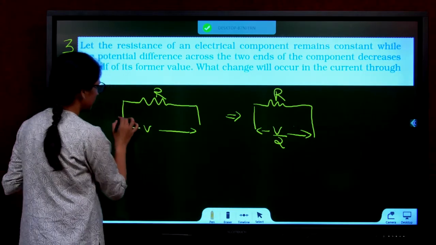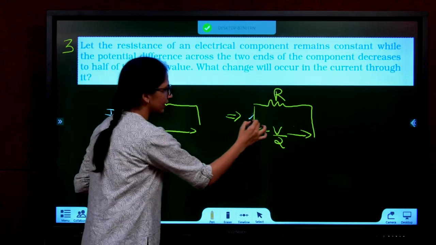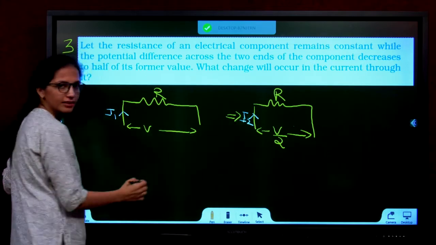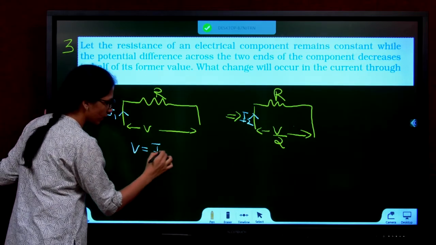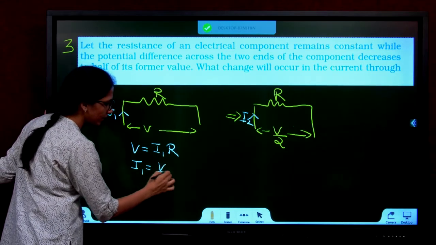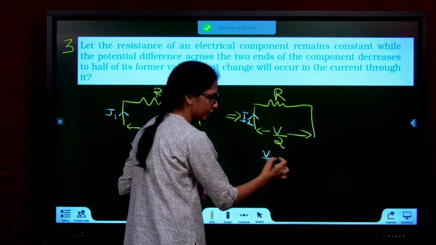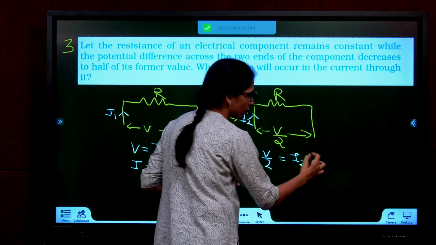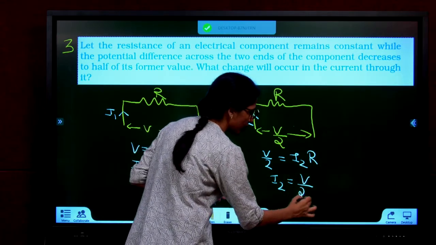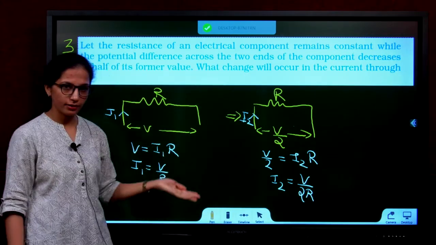So here the current, let's say this is I1 and this is I2. Applying Ohm's law over here, V is equal to IR, V is equal to I1 into R. What is I1? V by R. Now applying Ohm's law, potential V by 2 is equal to I2 into R. What is I2? V by 2R. They are asking what change will occur in the new current.